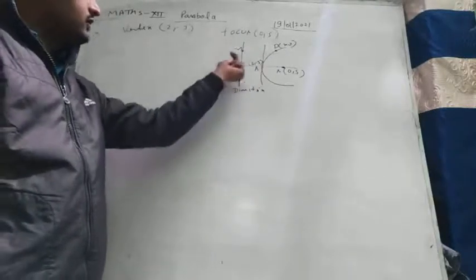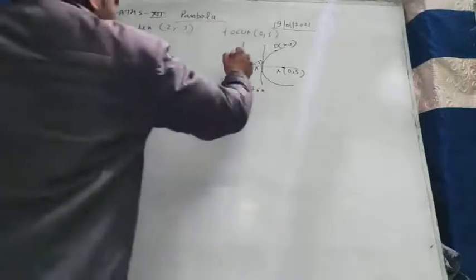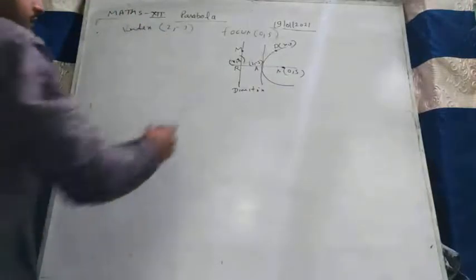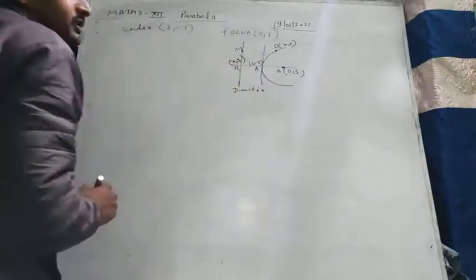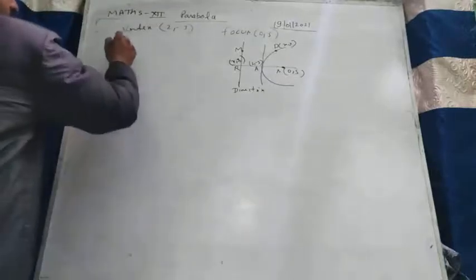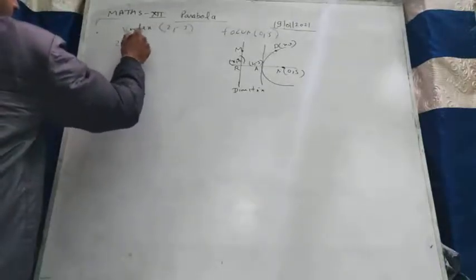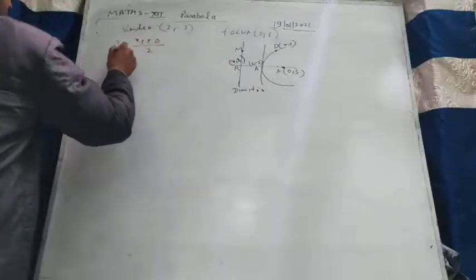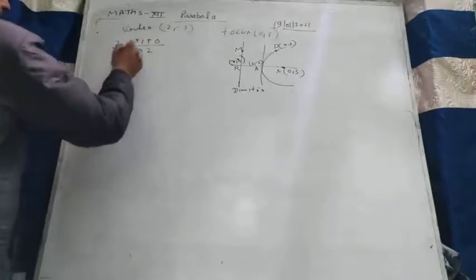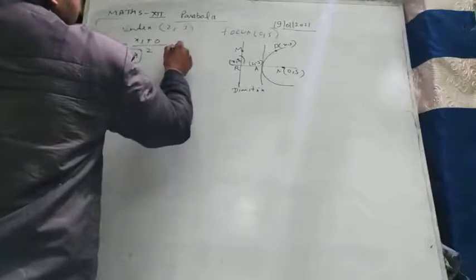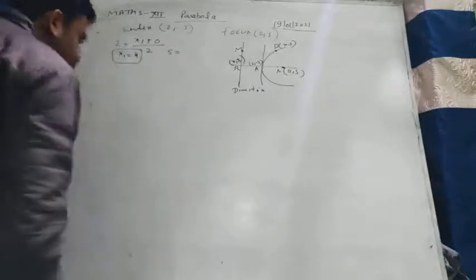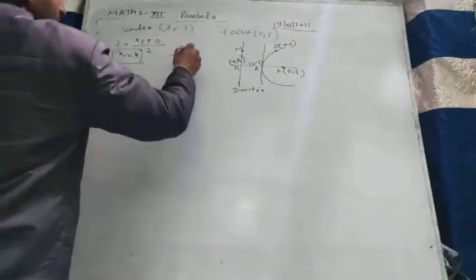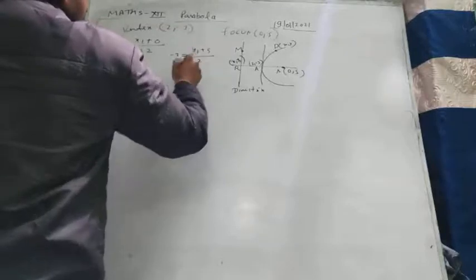So we suppose the coordinate of R is x1, y1. Okay, student. So we apply the formula of midpoint. So here we can write, student, 2 is equal to (x1 plus 0) by 2. So x1 is 4. And minus 3 is equal to (y1 plus 5) by 2.